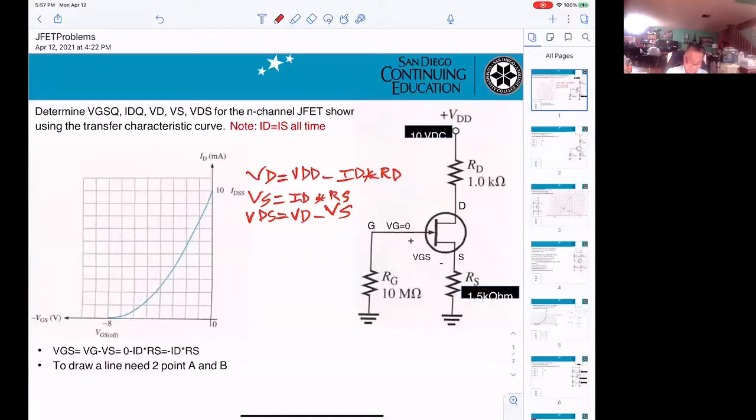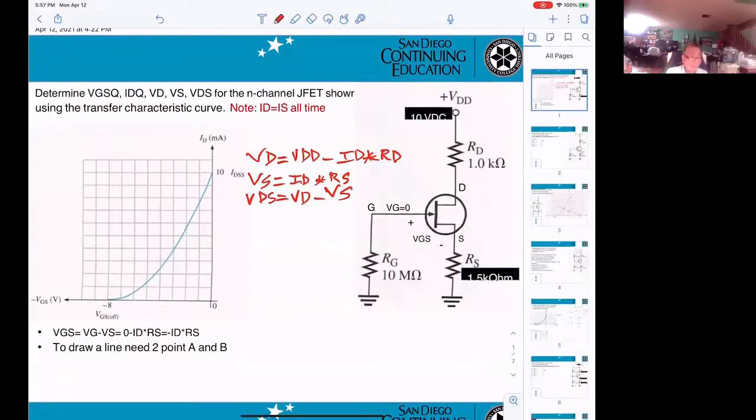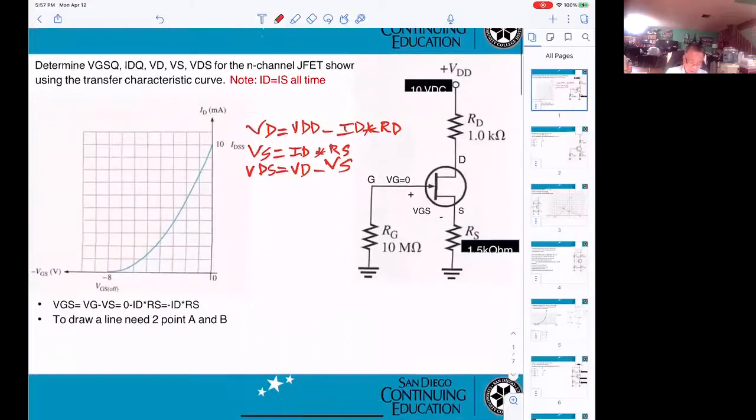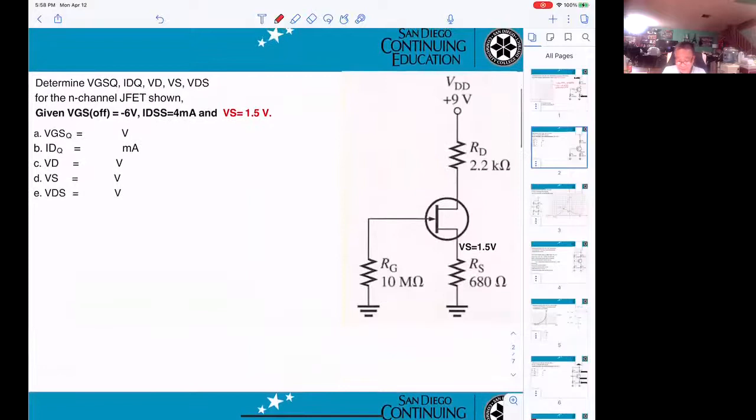Any more questions on this problem? If not, we go to the next. This is also a self-bias circuit, but we don't have any graphic, okay?